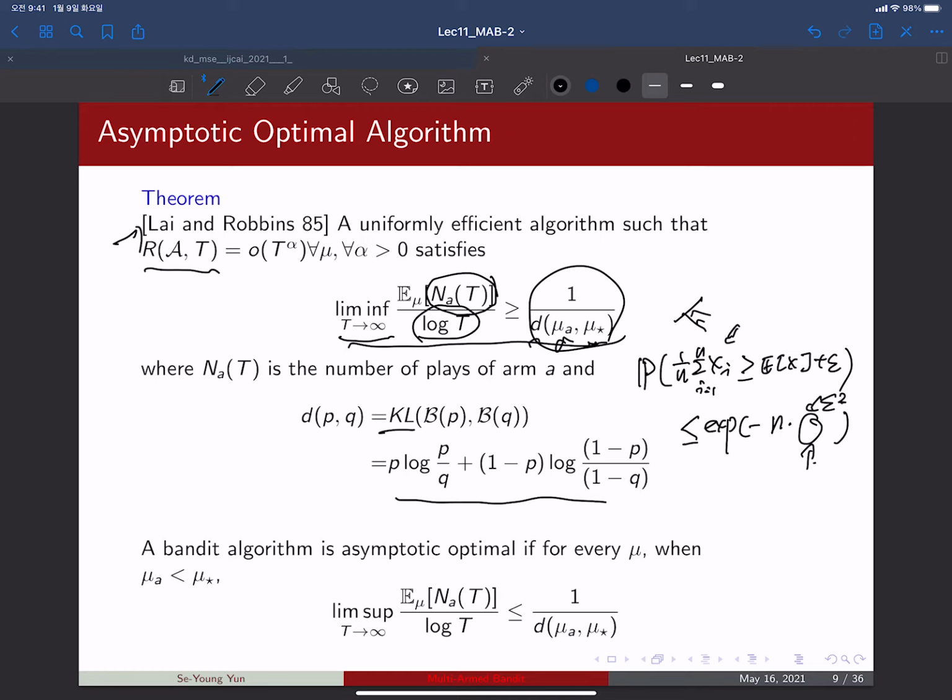There's some epsilon square in the numerator, and the denominator is just the sum of the squared differences between upper bound and lower bound. Okay, so we can set this value equal to 1, and when we have n equal to log T, exponential minus log T is just 1 over capital T.